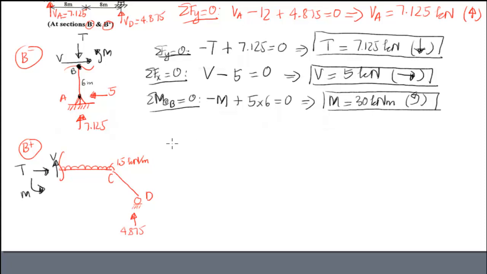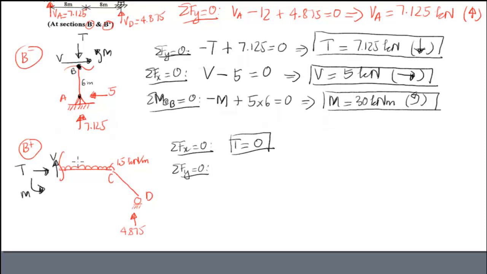So if you take sigma Fx equal to 0, only one T in the x direction, so T is going to be equal to 0 straight away. Okay. Now if we take sigma Fy, we have V, the UDL, and this reaction.